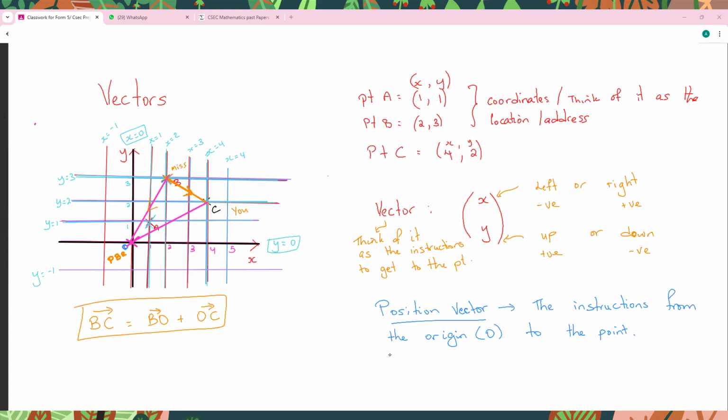So we know that my house, remember I live at B, has the address of 2, 3. Remember, we found that before. Sometimes they might give it to you like this, or as a graph, and you have to find the location or the position, which is the point. So my house is situated at point B. So my address is 2, 3.